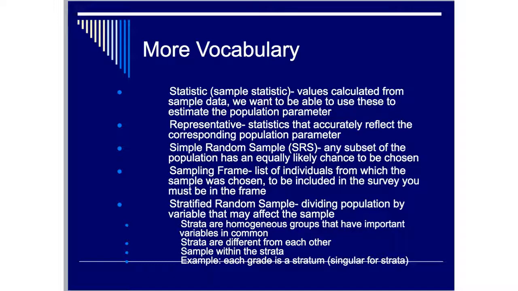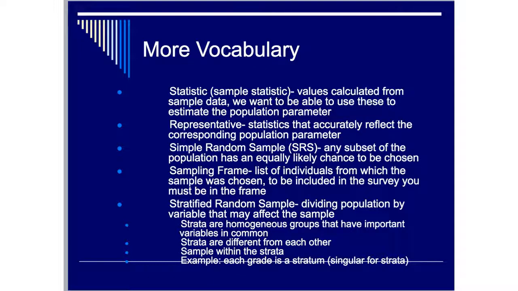The corresponding people with those numbers would be my sample. Everybody had an opportunity to be chosen. We didn't divide them up. When it says any subset, that means we could have any combination of 100 people that is possible. That's a simple random sample.